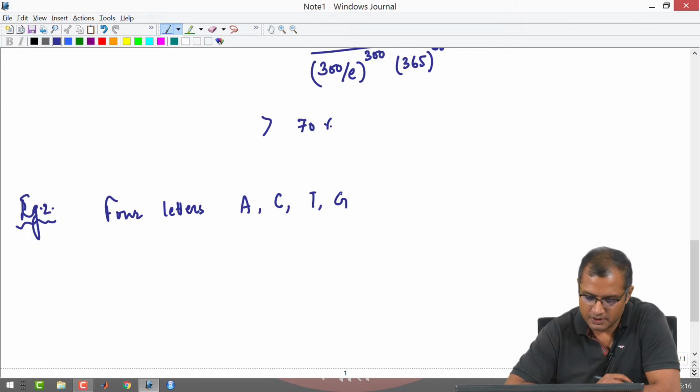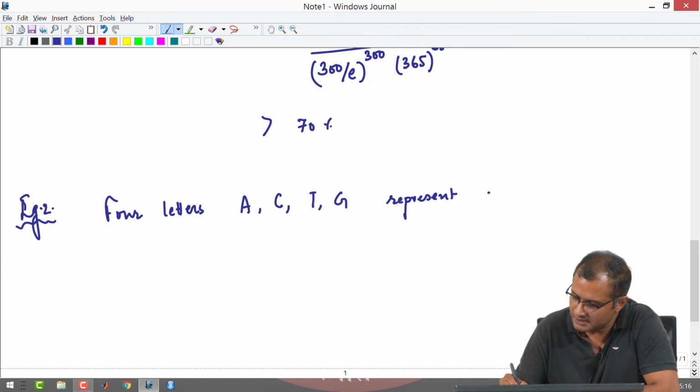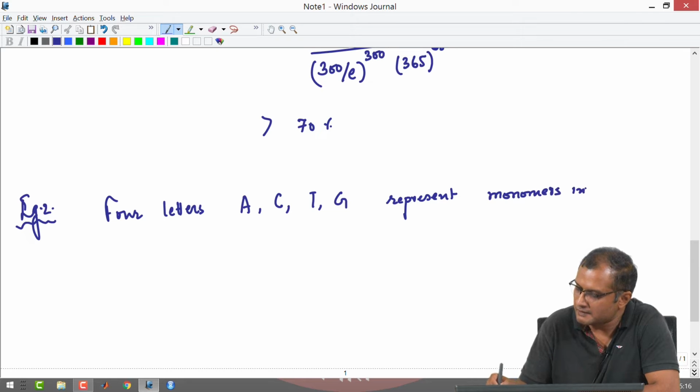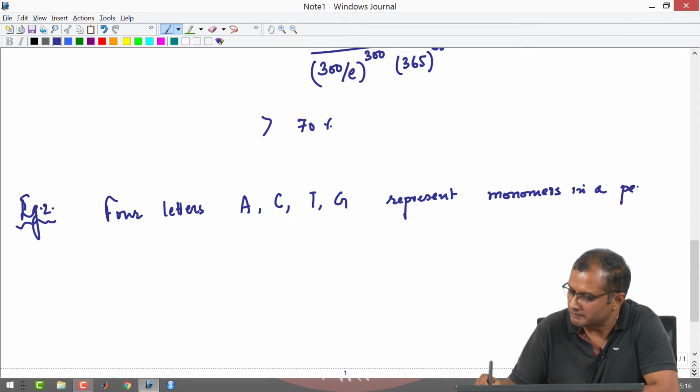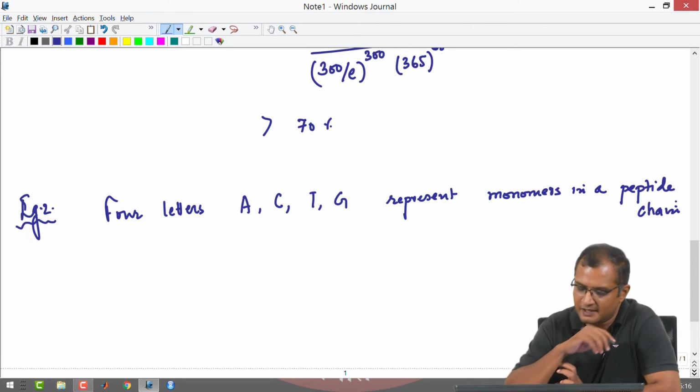And suppose these 4 letters basically represent monomers in a peptide chain. So, you have a chain of monomers which is composed of only these 4 letters, okay.